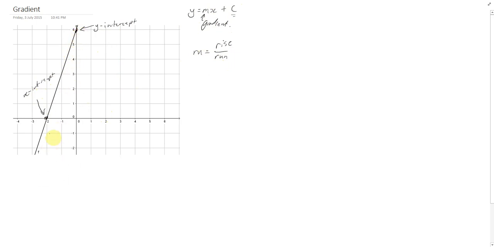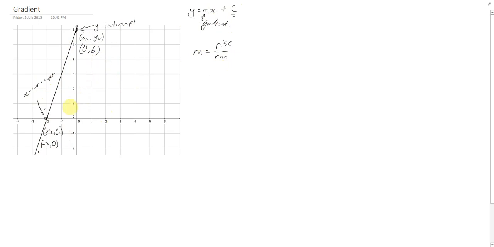For our starting point, it's got coordinates x1 and y1, because it's our starting point, and you can see what those values are. The x1 is -2 and the y1 is 0. Similarly, at the top, it's our end point, so we're going to call the coordinates x2 and y2, and you can see that those coordinates are 0 and 6.